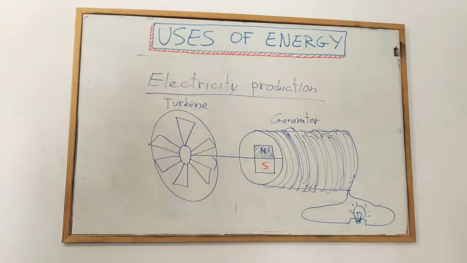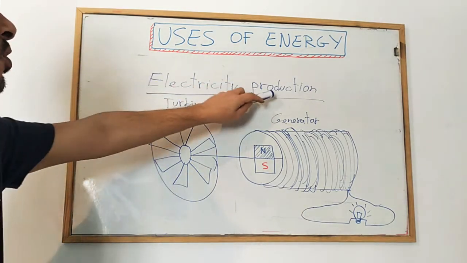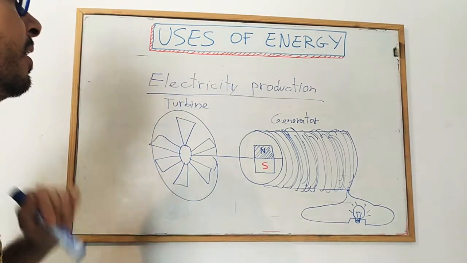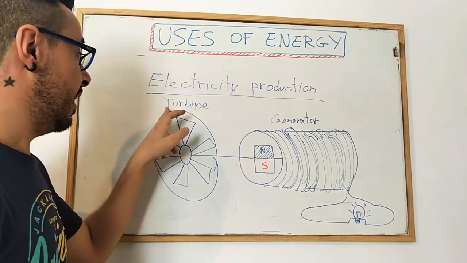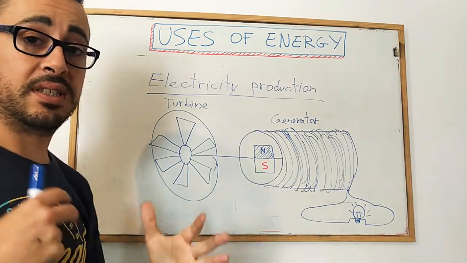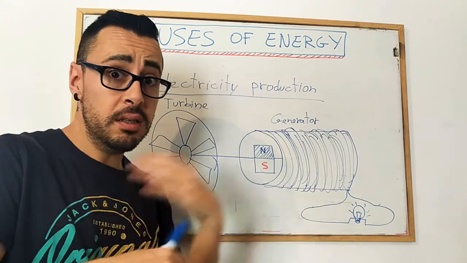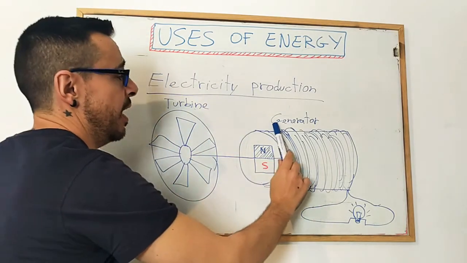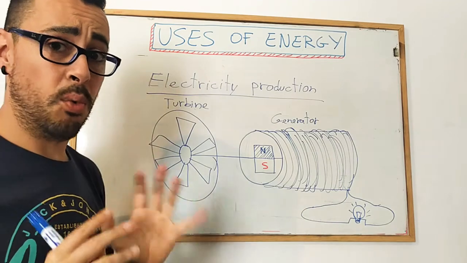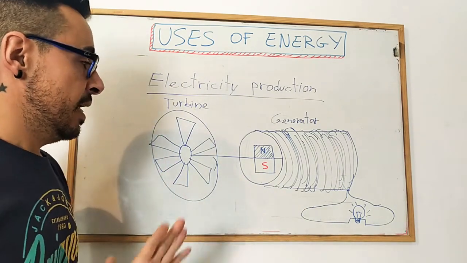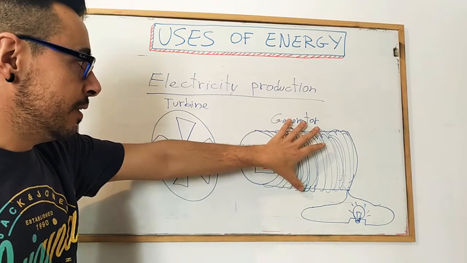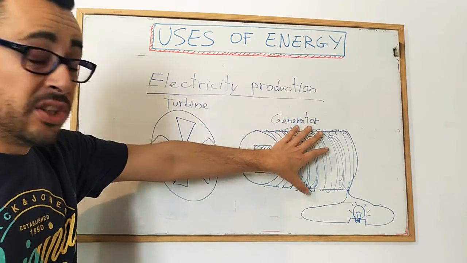Okay, so now we are going to see how we can produce electricity. For producing electricity, we need two things, okay? A turbine, which is like a mill, and a generator, which is the one that produces electrical energy. How does the generator work?